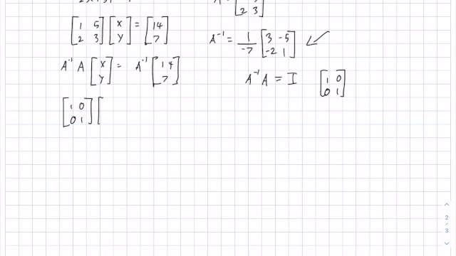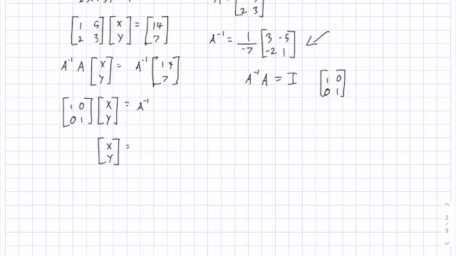The definition of the identity matrix is that if it can be multiplied by another matrix, it ends up being that matrix. So this is possible. This is a 2 by 2 matrix, and this is a 2 by 1 matrix. The number of rows matches the number of columns. So this will end up being x, y.